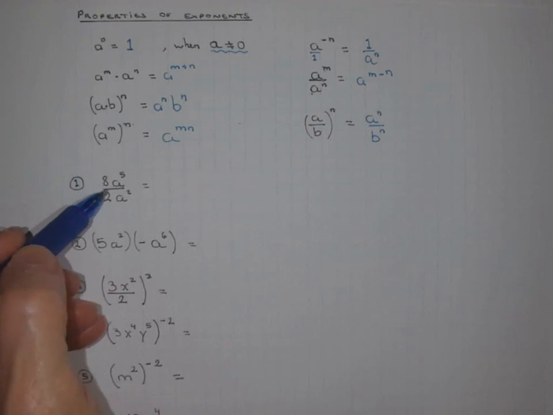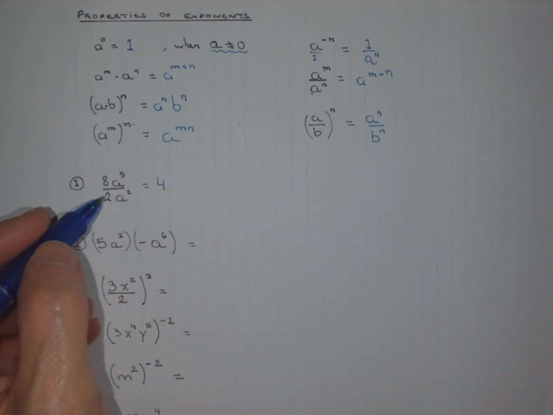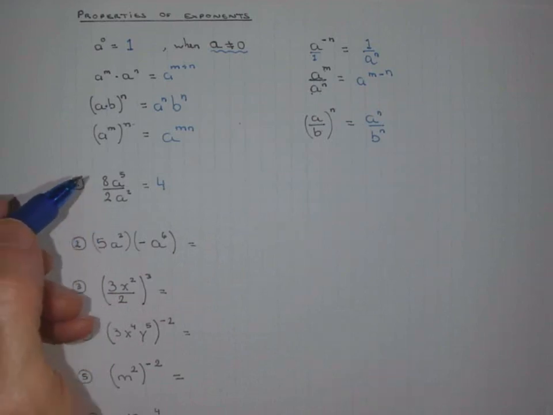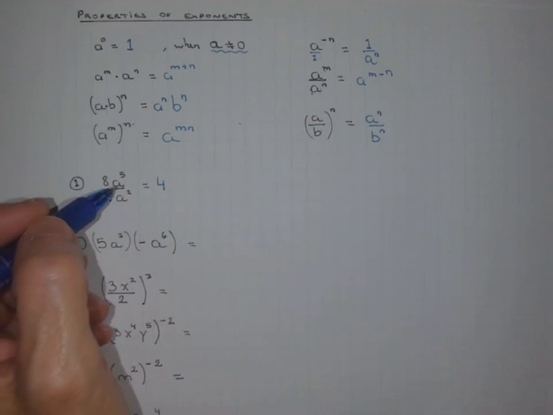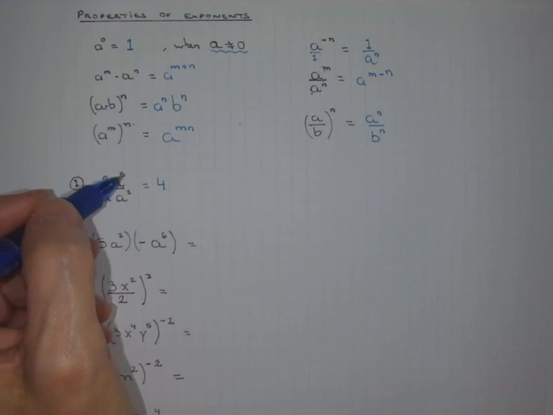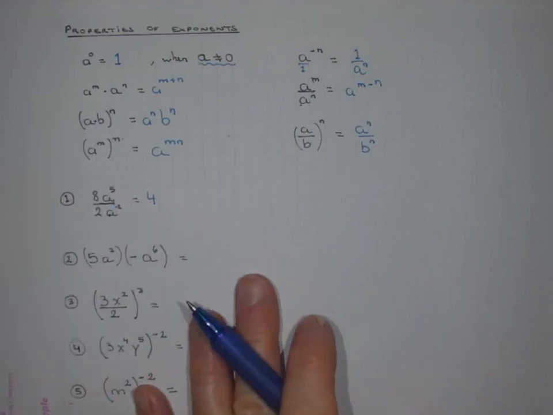First of all, I have 8 divided by 2. Well, that's just a fraction that needs to be simplified. 8 over 2 is 4, so that's done. Then we have a base A and a base A. When we have the same bases, we can subtract their exponents. So when we divide the same bases, we subtract their exponents.